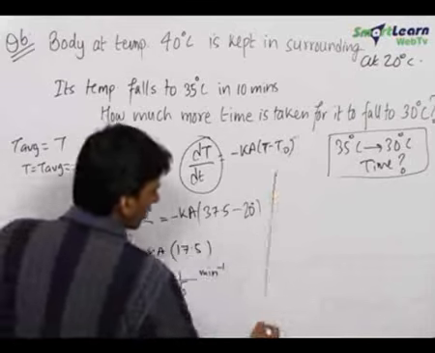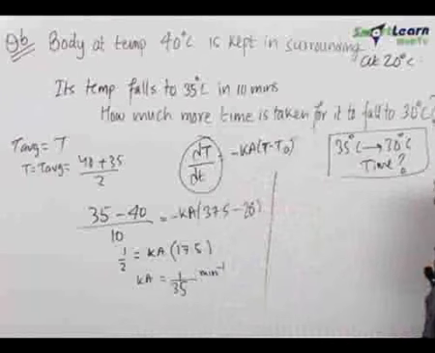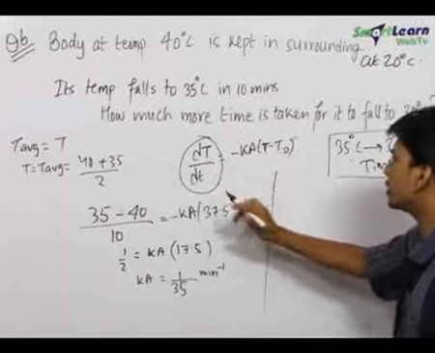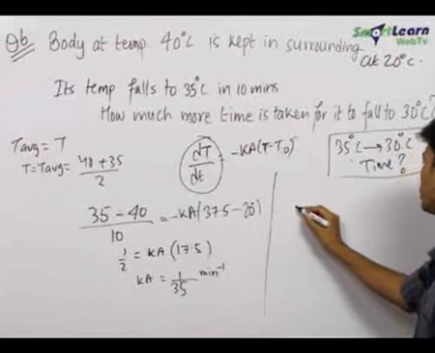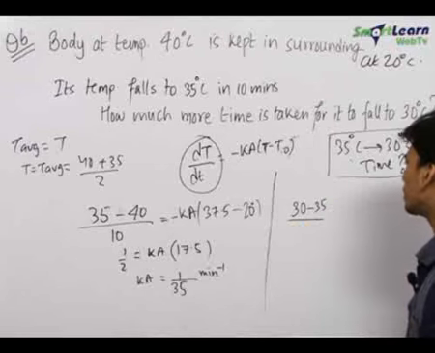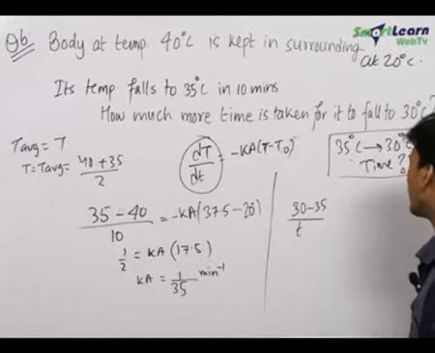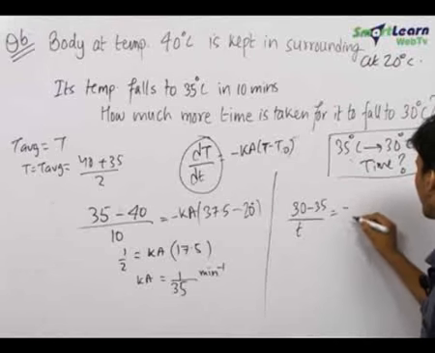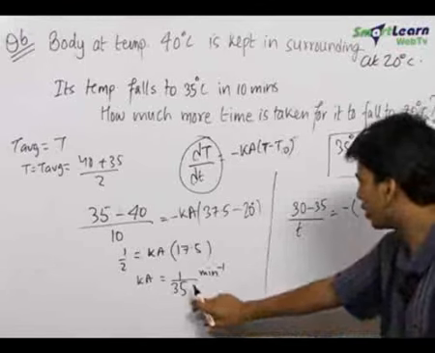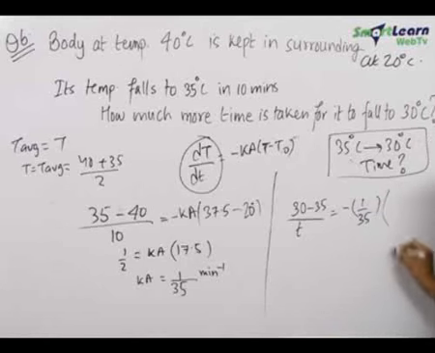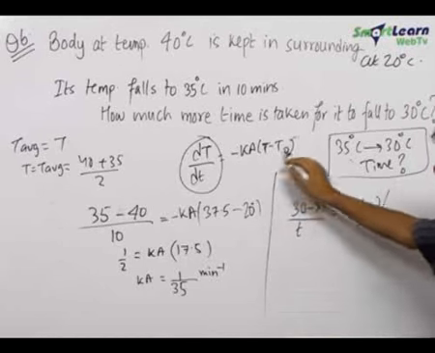Now let us see this change. For this change, we know dT/dt, the average rate of decrease of temperature, can be taken to be equal to 30 minus 35 upon the total time taken, which we need to find out, that is t. This is equal to minus KA, and we know the value of KA to be 1 upon 35 minute inverse. So we put in 1 upon 35 here into (T minus T naught).